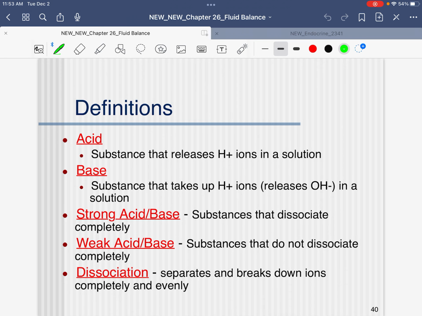Okay folks, so you remember that for this chapter, we had three main parts. The first part was water balance, just overall water fluid balance. We house about 2/3 of our fluid intracellularly, whereas the remaining 33% or so is outside the cells.